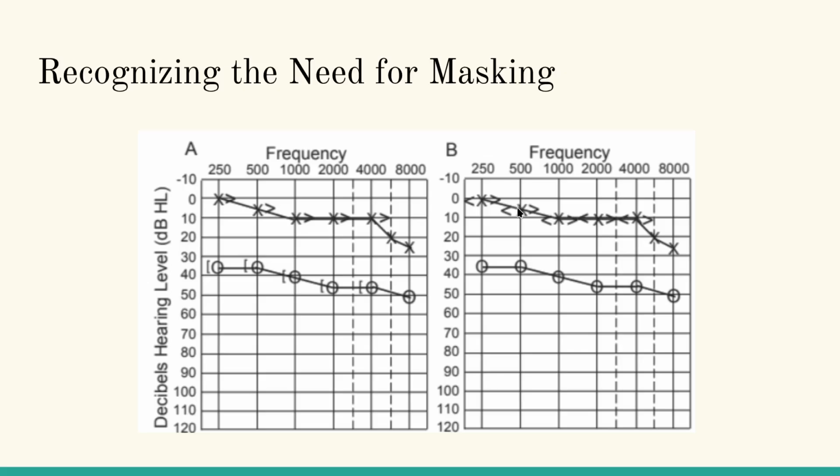We would see unmasked right bone conduction and unmasked left bone conduction all line up with the better hearing ear, because we need clinical masking to distract the non-test ear to make sure we can get accurate bone conduction thresholds for the test ear. That's the key here. If we don't clinically mask, we'll get something like this on the right side, which is inaccurate, versus something on the left side, which is accurate.